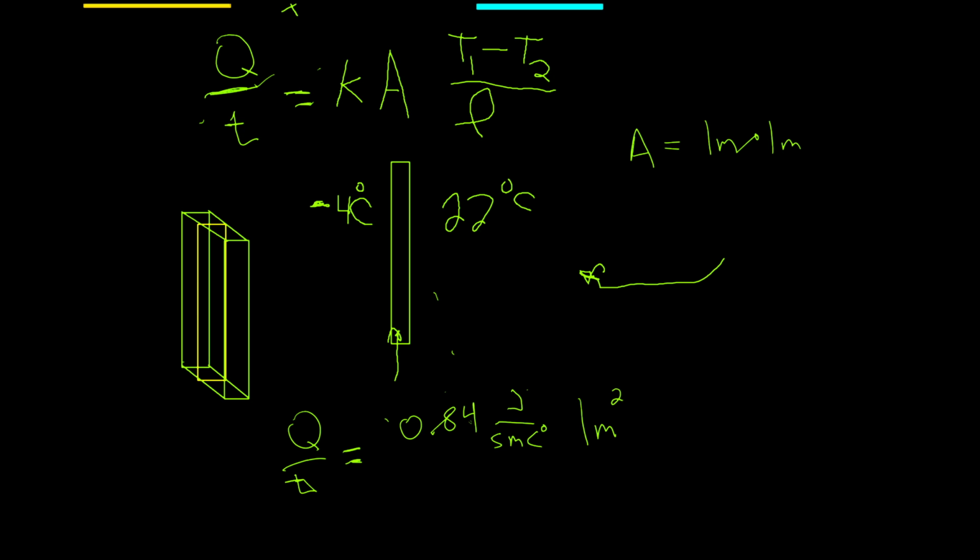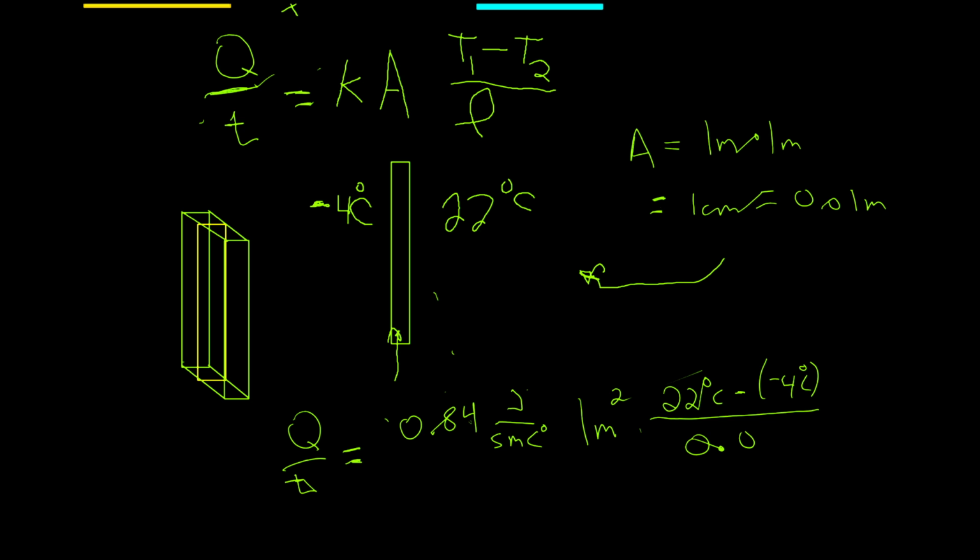And so then we have 22 degrees Celsius minus 4 degrees Celsius. And then the length is the thickness of a window, and a standard window is about 1 centimeter thick, which is equal to 0.01 meters.